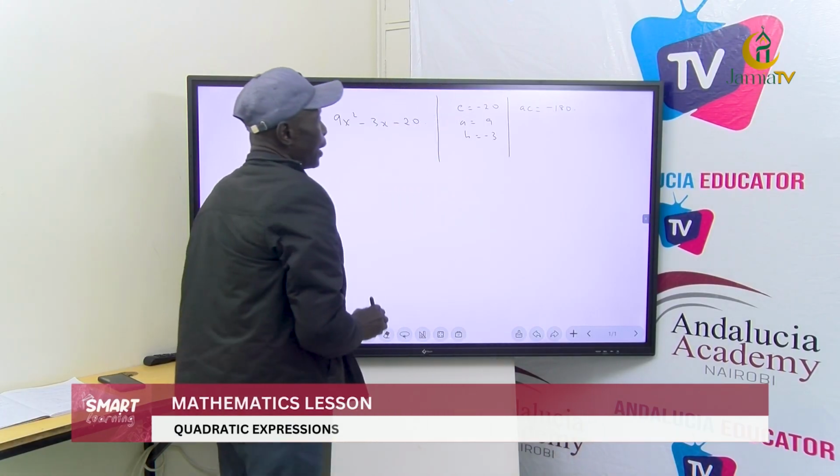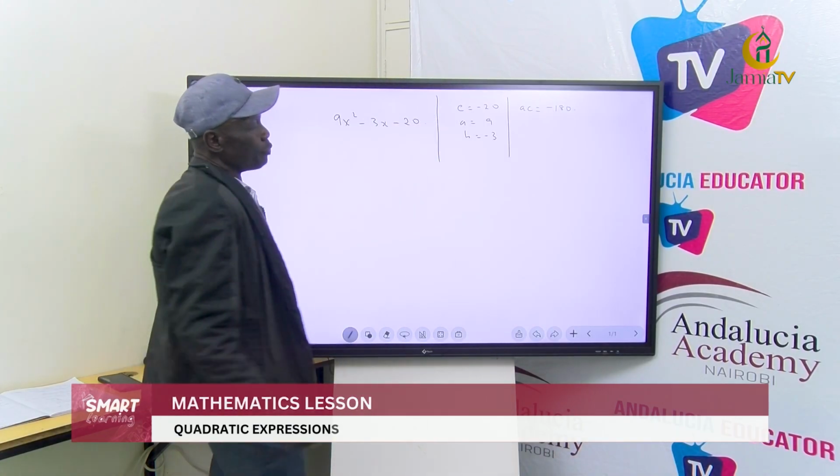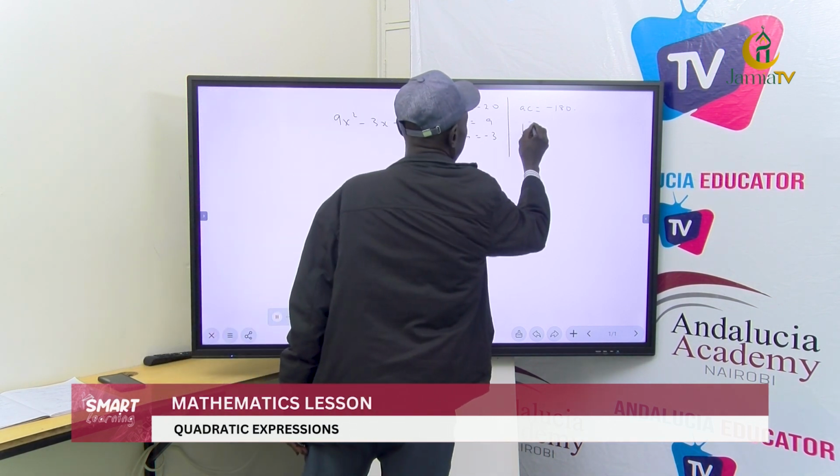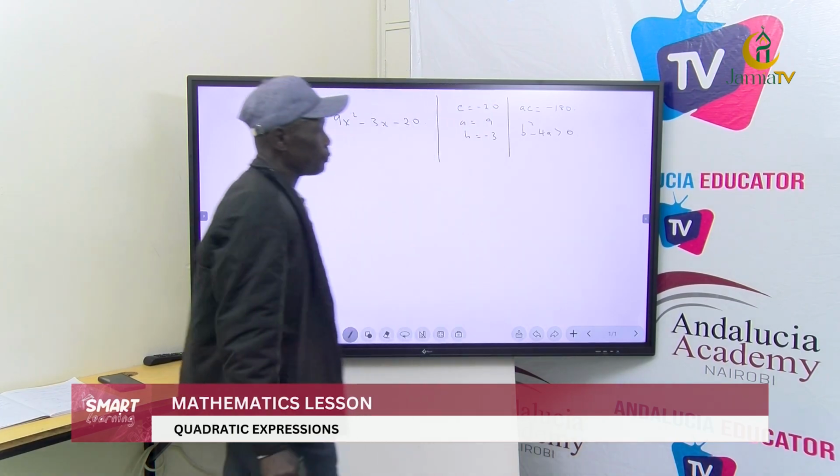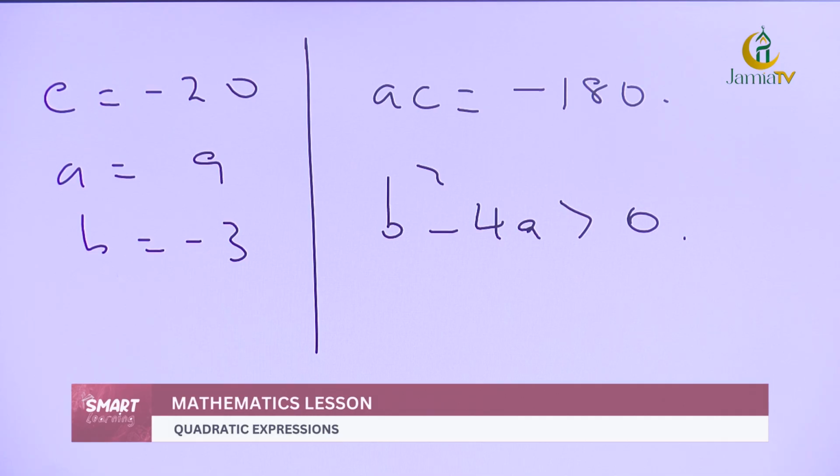All right? Now, when I test this, my B squared minus 4AC will definitely be greater than 0, because when you have a negative times a negative becomes positive and you add. Now, what are our factors of negative 180, which will add up to negative 3?